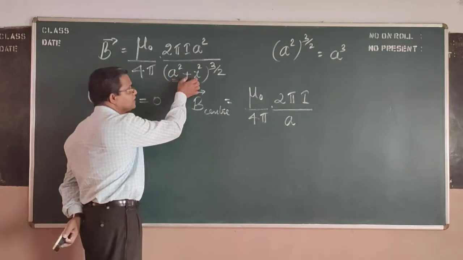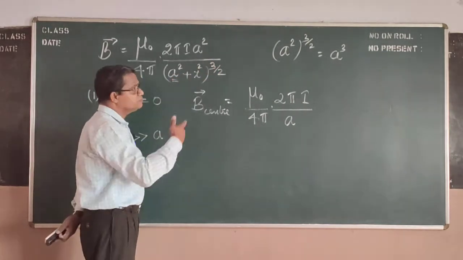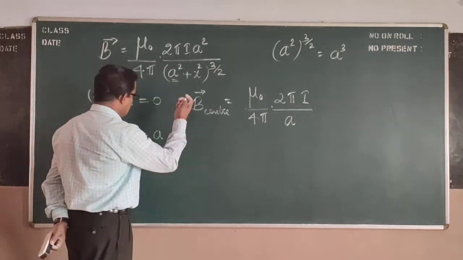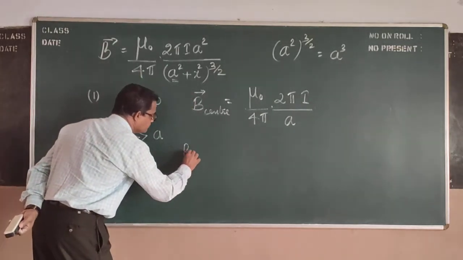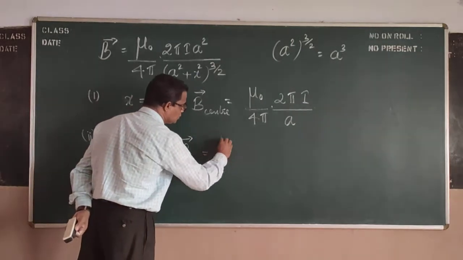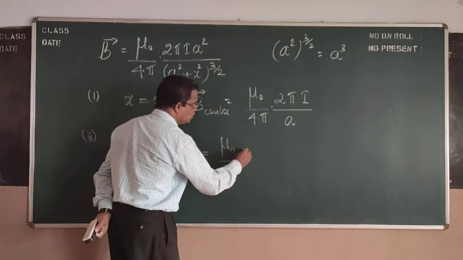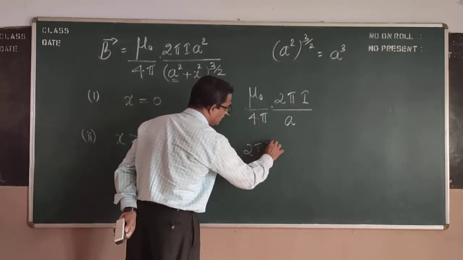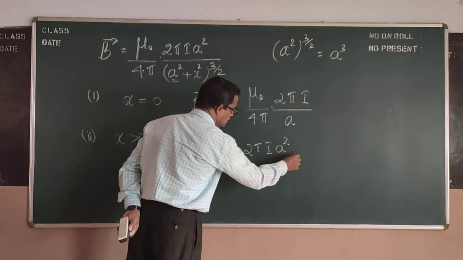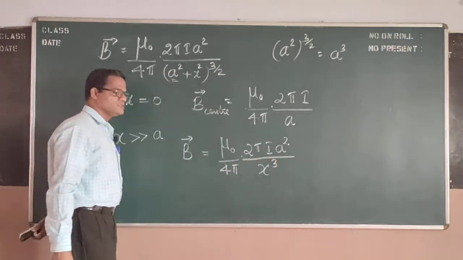Therefore, this becomes x square all raised to 3 by 2 becomes x cube, and therefore B, far away point, will be equal to mu 0 by 4 pi into 2 pi I a square divided by x cube.